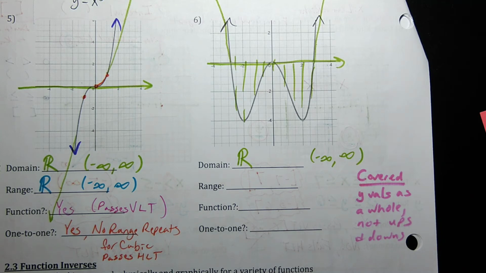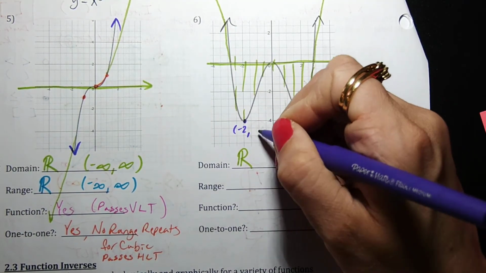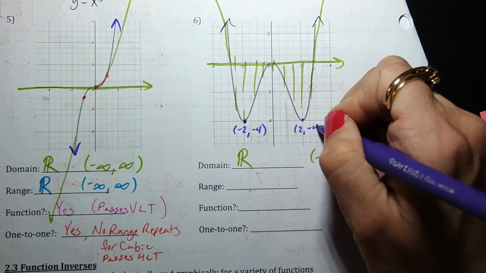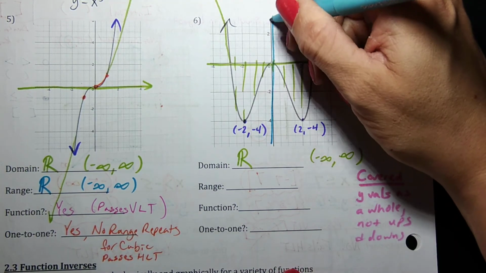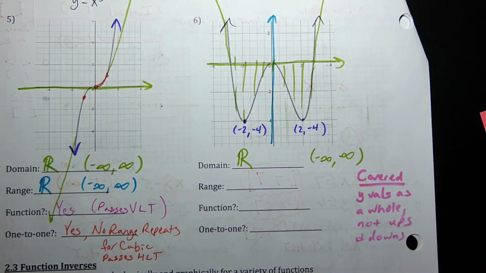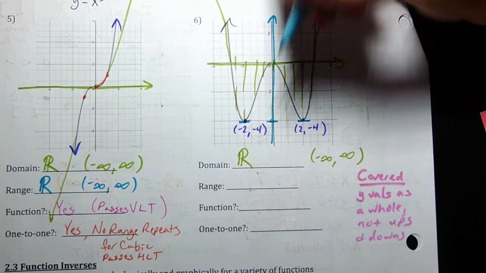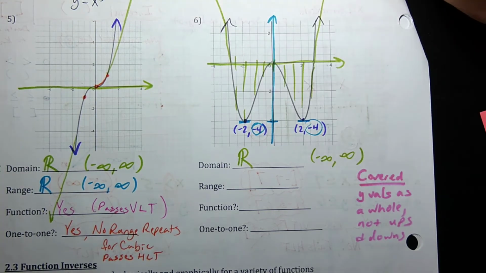So folks, let's go ahead and find these bottom coordinates. It looks like this is at -2, -4, and that this one is at 2, -4. So from the bottom up, what does it look like the first y value we get on our graph is? -4 over here and -4 over there.